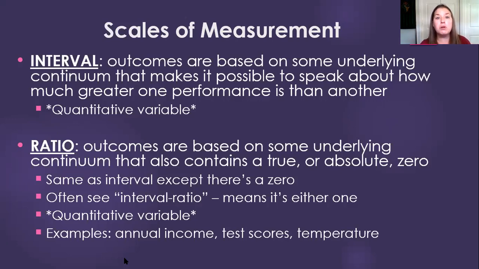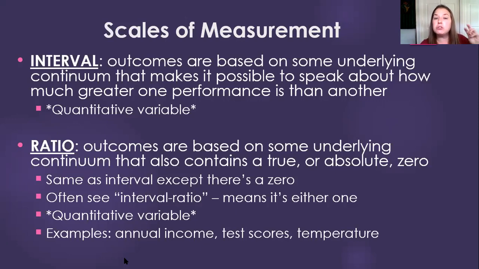So for example, the class survey question on how much money do you spend on an average night out with friends? That's an interval level variable. It's mutually exclusive categories, right? You either spend $50 or you spend $200. You can't be both. These can be rank ordered, right? From low to high, somebody who spends a lot of money on a night out to a little bit of money.